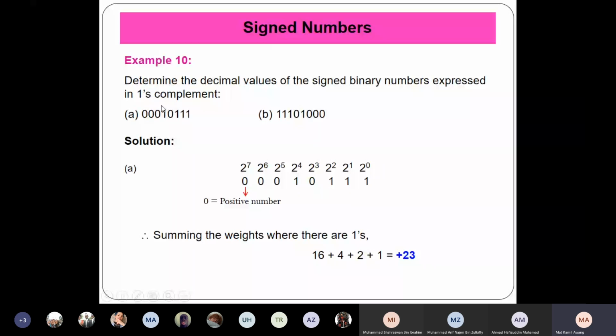So in this case, it's a 1's complement. So this is the sign. The sign is positive, 0. And this is the number.